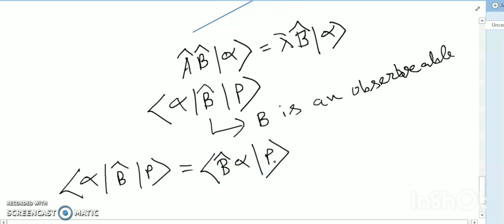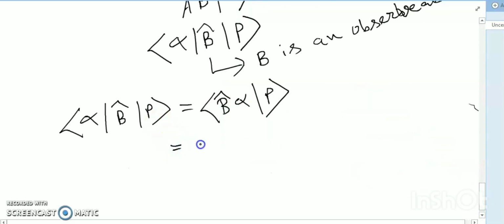Okay, we just showed that B keeps everything inside the eigenspace. So B alpha is still within the plane and therefore orthogonal to P. Hence, the inner product between B alpha and P is 0.